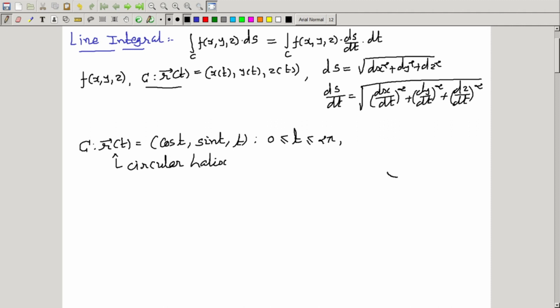See, this is the curve from say 0 to 2 pi, then from 0 to 3 pi, 0 to 4 pi, 0 to 5 pi, then it is 6 pi, 7 pi, 8 pi, 9 pi, 10 pi. So it goes, so it's like a spring, right? So this is the circular helix, right?